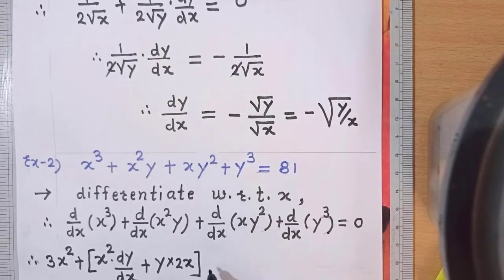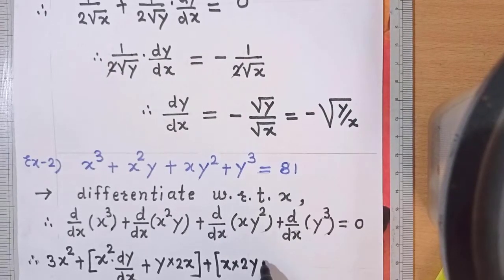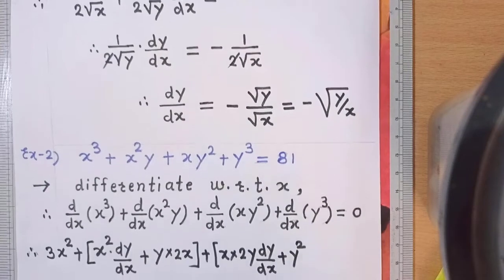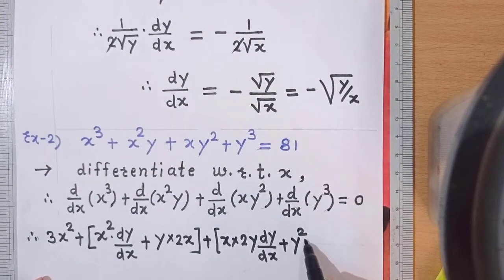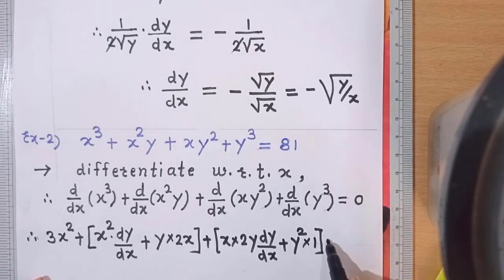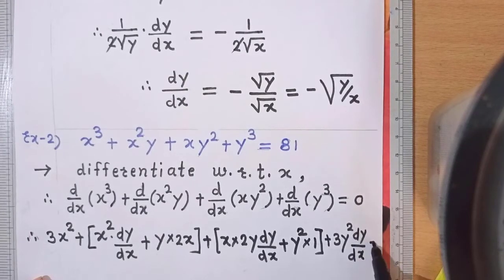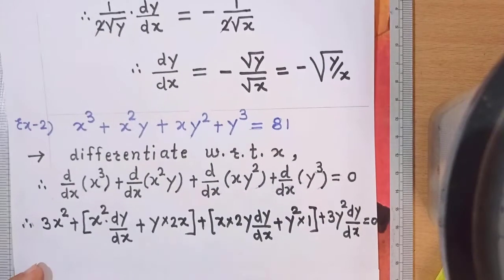Now again use product rule, so again first term as it is, derivative of y square is 2y dy by dx, again second term as it is, and derivative of x is 1, and derivative of y cube is 3y square dy by dx, and that is equal to 0.